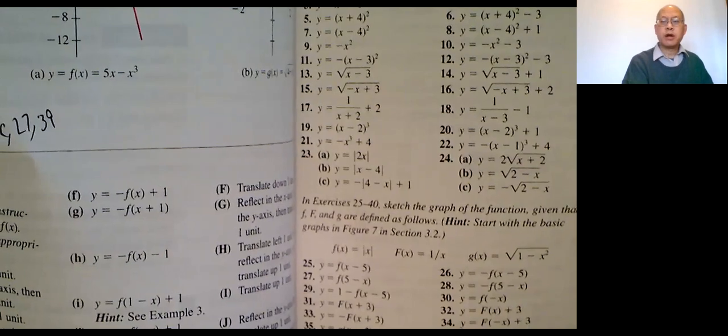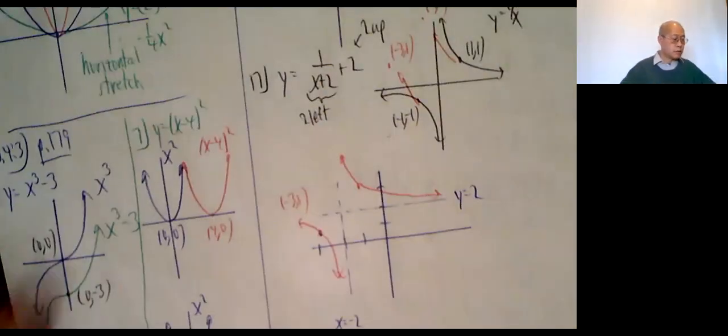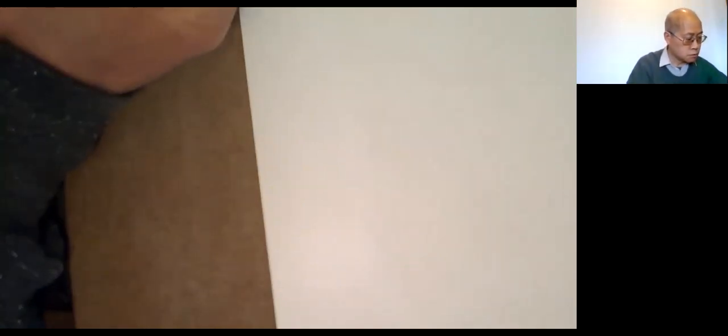How about I'll show you 21, y equals negative x cubed plus 4. Sorry, I know you can't see what I'm writing yet, but I'll get it eventually.